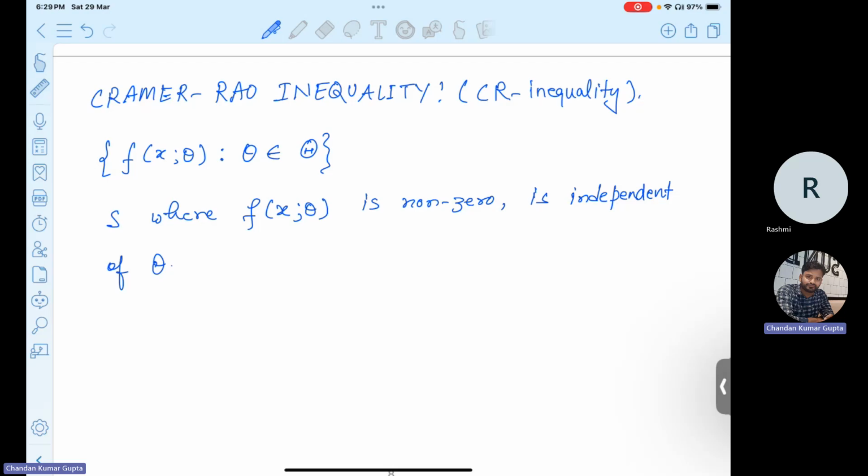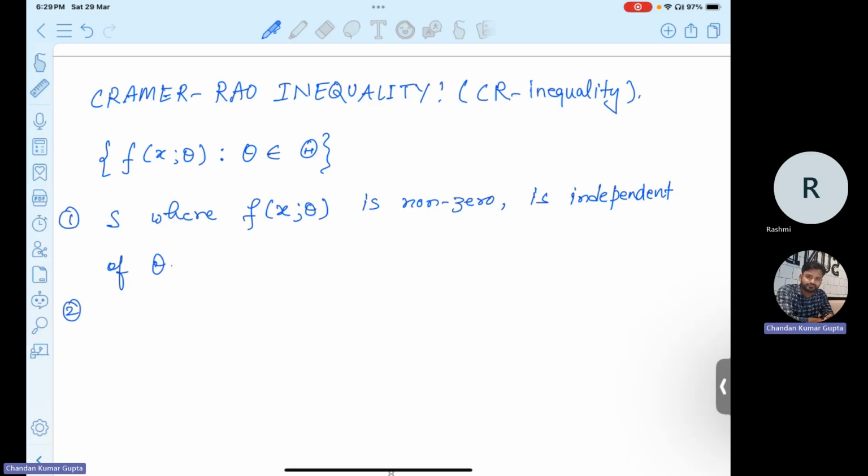This S is the support set, the possible values of x, and it must be non-zero and independent of theta.